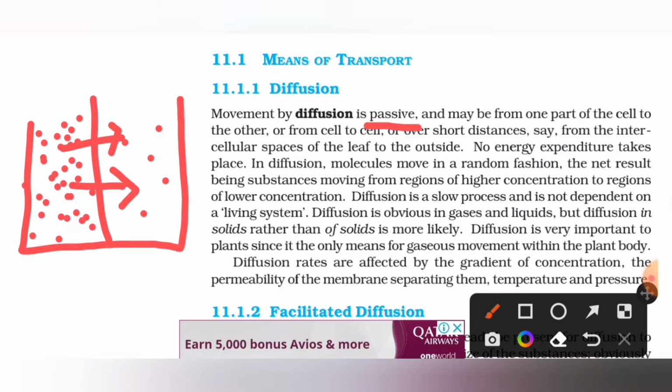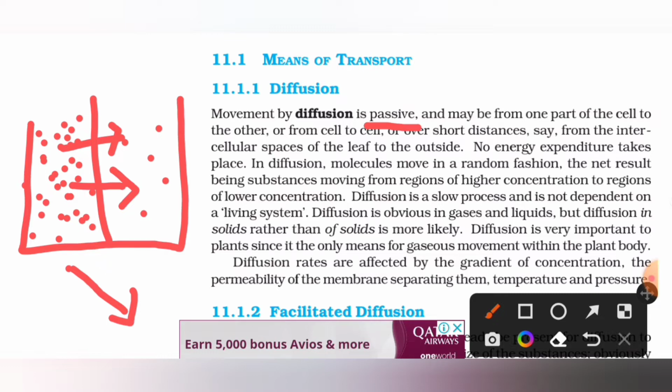This is what we call diffusion, from higher concentration to regions of lower concentration. A reaction where the concentration is very high and the particles move down is called a downhill reaction. Here the arrow goes down because the concentration is less below. That kind of reaction is called a downhill reaction.